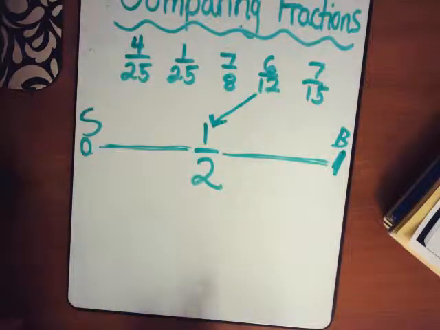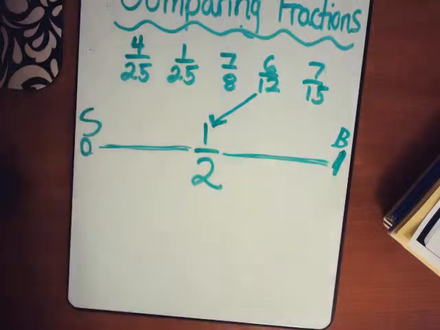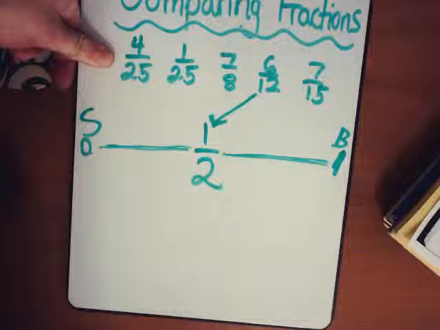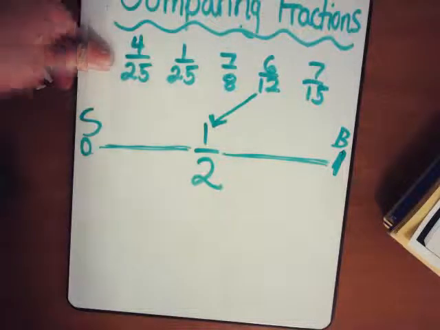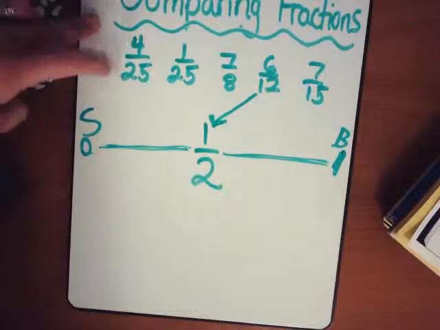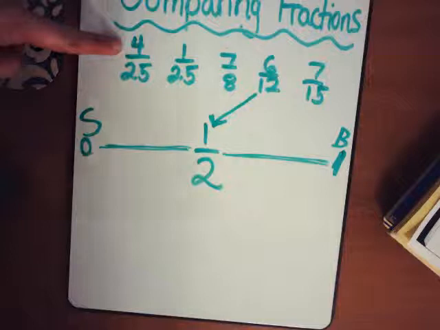So let's think about 4/25. We ask ourselves, is that greater than or less than 1/2? Well, less than 1/2. What's half of 25? Half of 20 would be 10, half of 5 would be 2.5, so half of 25 is 12.5. So this is much smaller than 1/2.